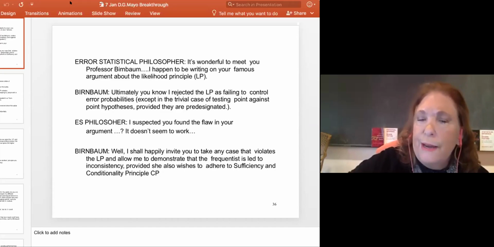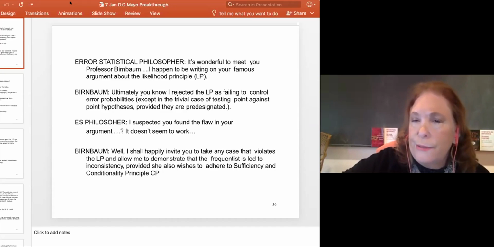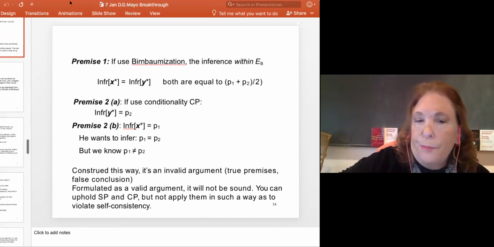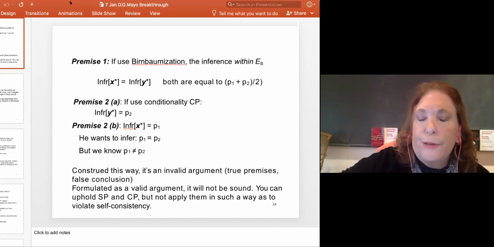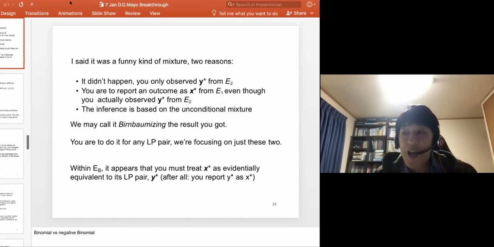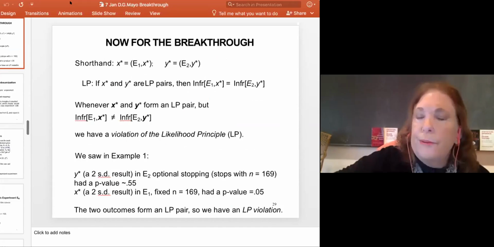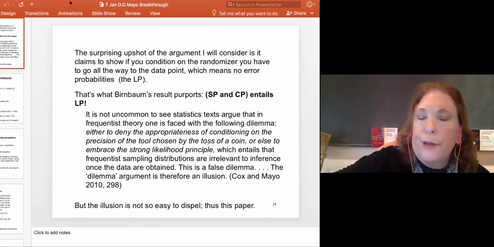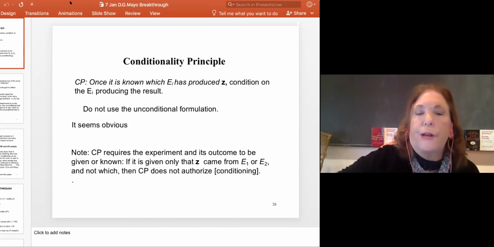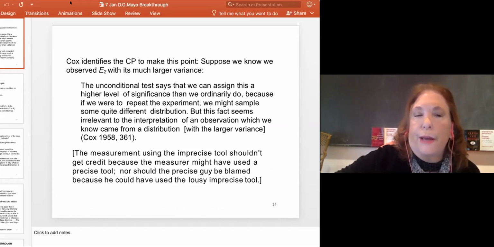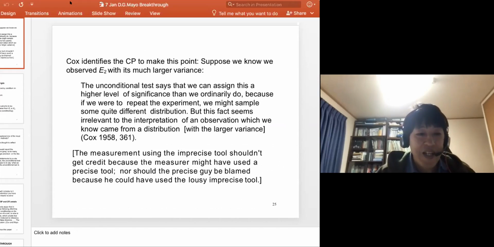So take any one if you don't like this one. Binomial and negative binomial is probably the simplest one. Yes, binomial and negative binomial holds proportional likelihood. So take that one. Nothing of what I'm doing today will turn on that. Take any LP violation. Oh, thank you. Okay.